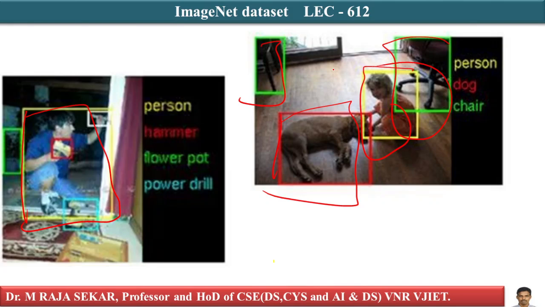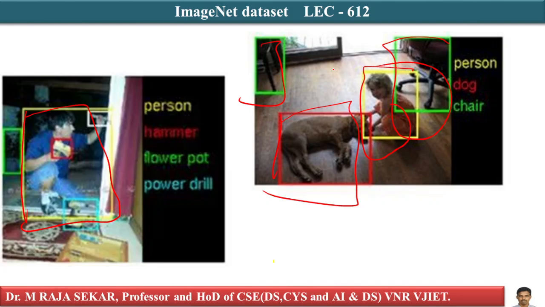Similarly, the ImageNet dataset now, in addition to saying there is a person here, actually gives a lot of details. Where is the power drill?